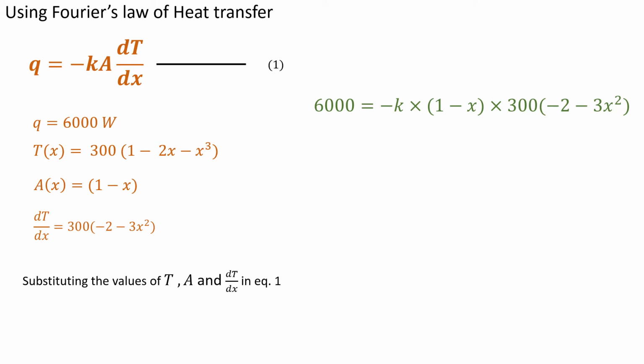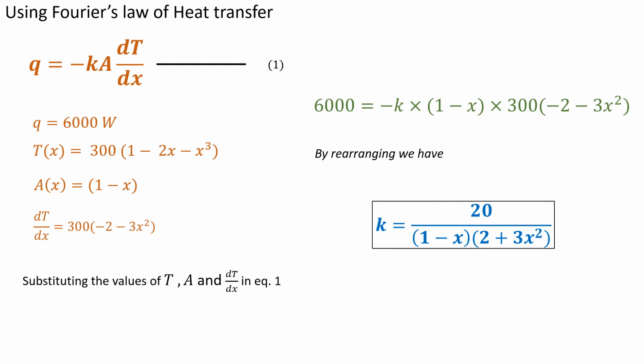We can rearrange this equation for k, and thermal conductivity of the material comes out to be k is equal to 20 upon (1 minus x)(2 plus 3x square). You can solve this equation for k in your notebook, and you will find that thermal conductivity in terms of x comes out to be 20 upon (1 minus x)(2 plus 3x square).